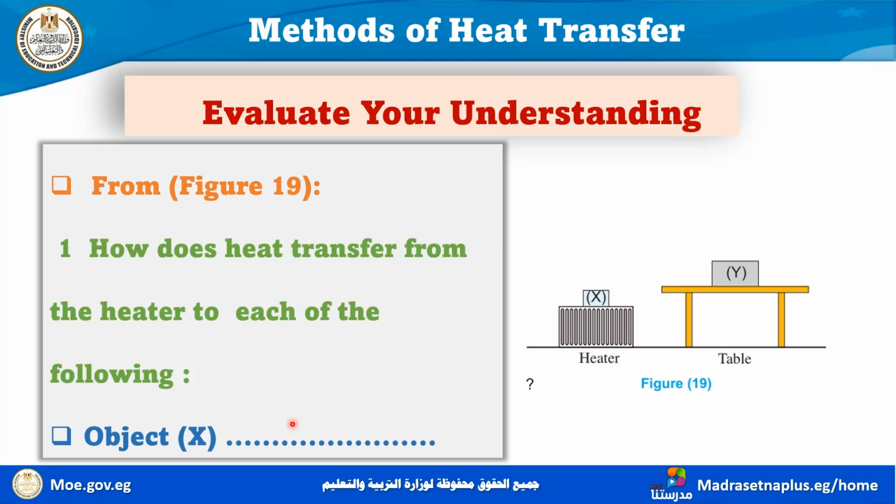So in case of object X, as we observe from the figure, it is in contact with the heater. So when the heater begins to heat up the room, object X is in direct contact with it.